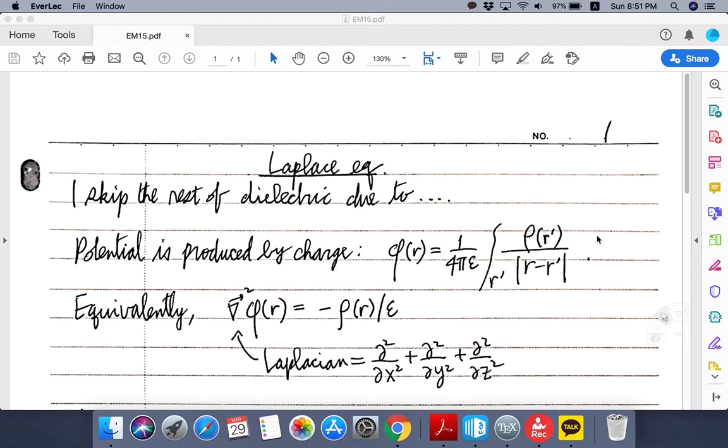So instead of spending more time on that, I have decided to spend more time on things that have broader application, and also the math that I'm going to talk about has a broader implication than the other stuff that shows up in the physics of dielectrics.